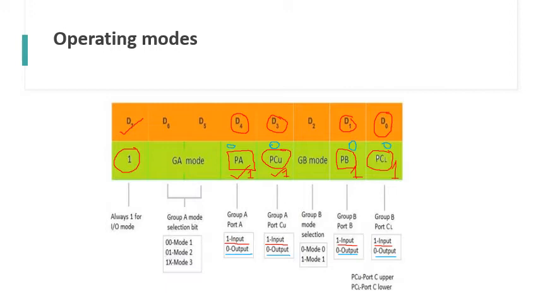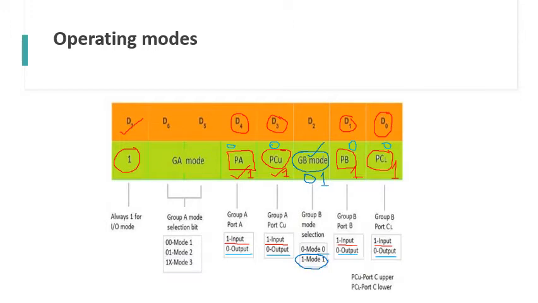Coming to bit D2, it is meant for group selection mode. When this bit is 0, it is going to act in mode 0. When this bit is written as 1, it is going to act in mode 1.